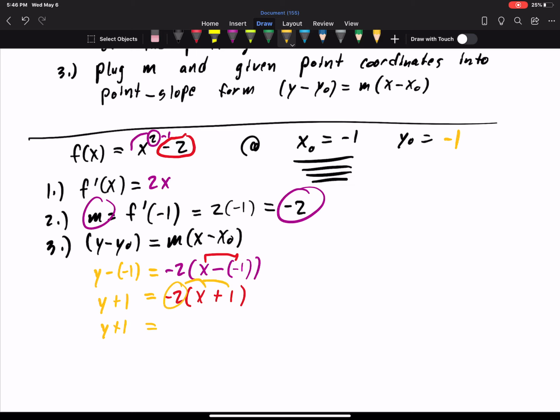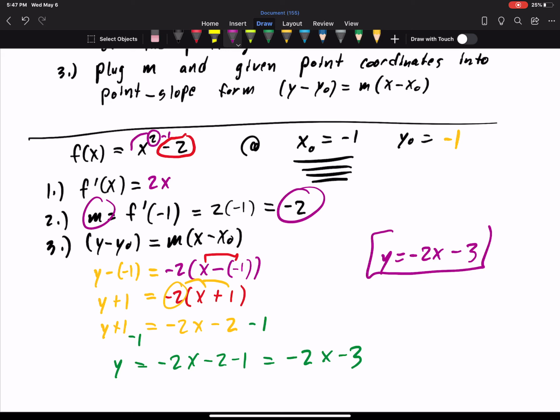So it becomes minus 2x minus 2. The final step is trying to get y by itself. So we're going to subtract 1 from both sides. That way we have y is equal to minus 2x minus 2 minus 1, but that's equal to minus 2x minus 3. Okay, so our final answer is going to be y is equal to minus 2x minus 3. And this is the equation of the tangent line.